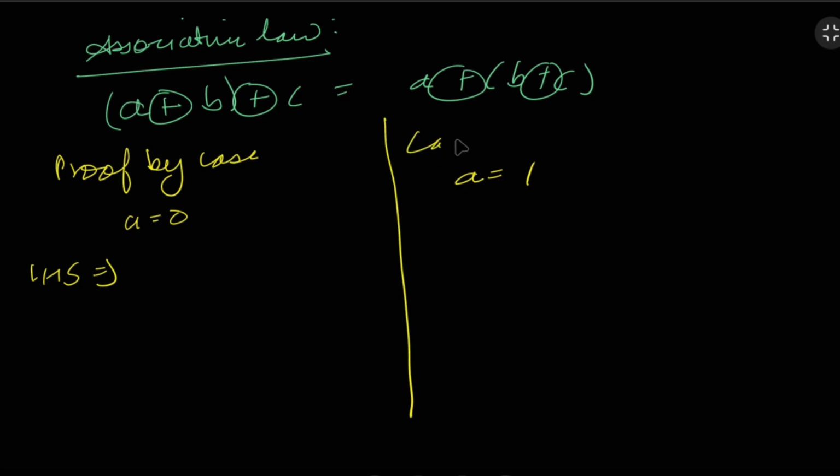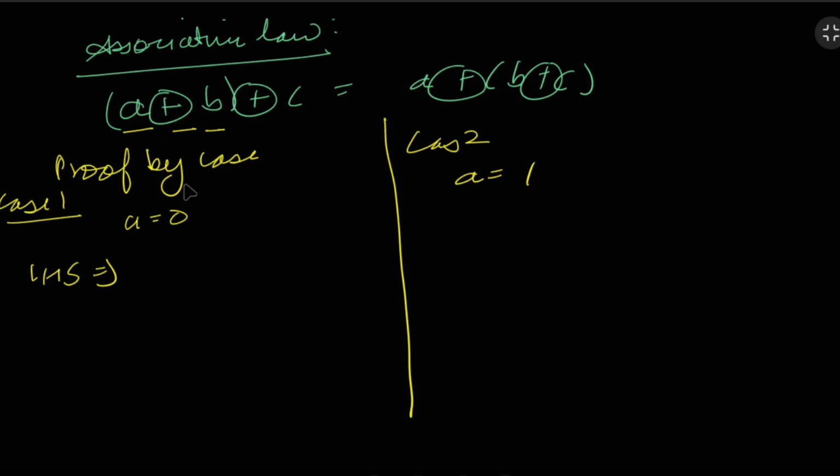And over here 0 exclusive or B? Try to recall. When A is 0, when B is 1, it will be 1.